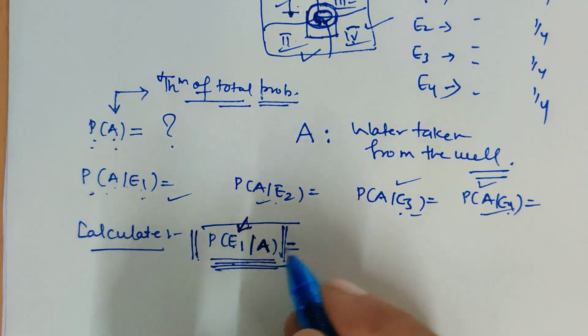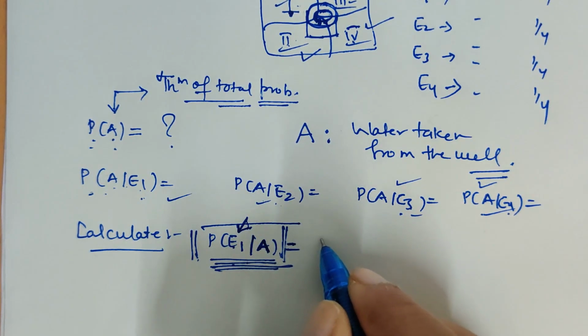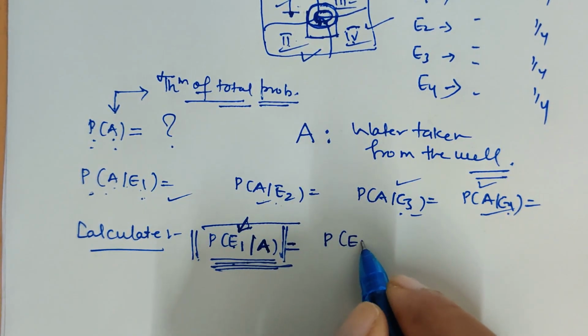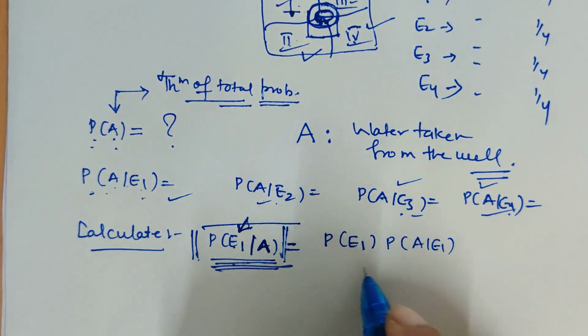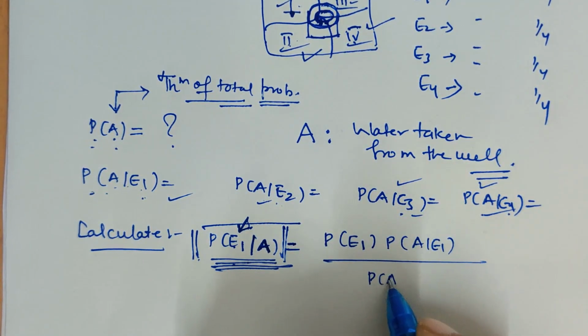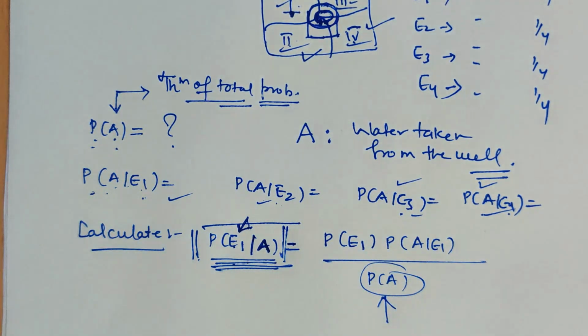In that scenario, the formula would be probability of E1 into probability of A given E1, upon probability of A. Here probability of A is a compact notation.